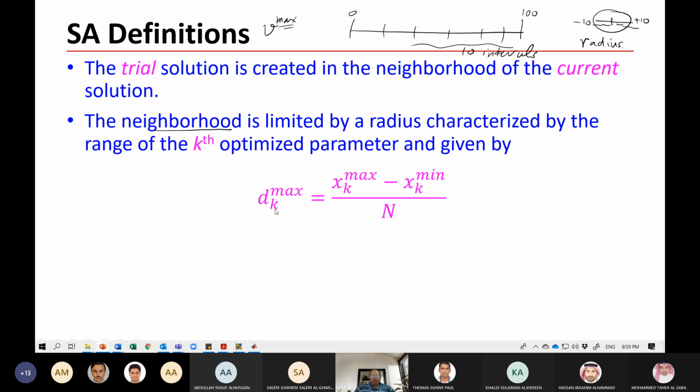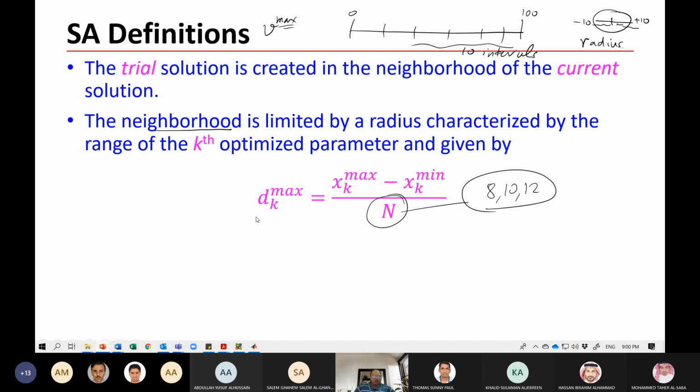We have different dimensions, K, T1 and T2, so we have a radius for each dimension. You can set the number of intervals, 8, 10, 12, or 9 and 11 and so on.